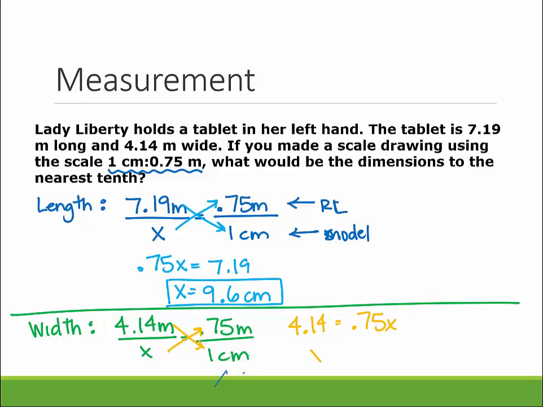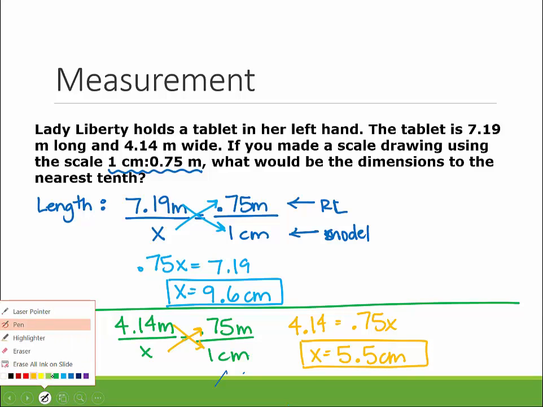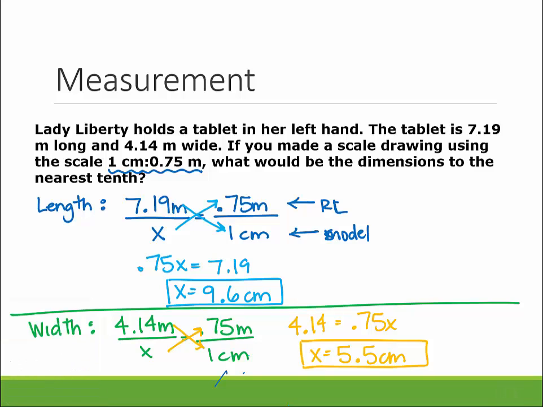And we end up with the width having to be 5.5 centimeters. So with this model that we're going to make, we want the tablet to be 9.6 by 5.5 centimeters.